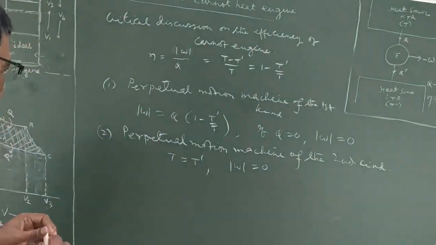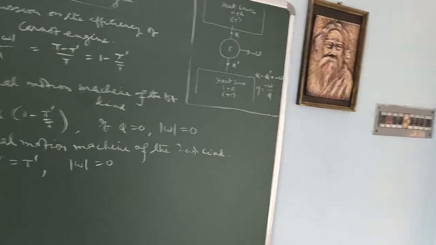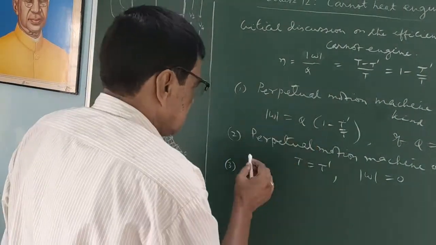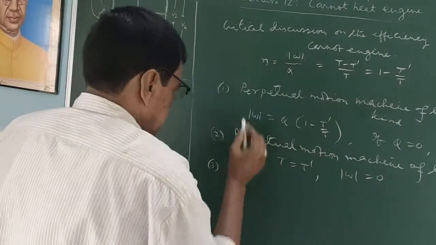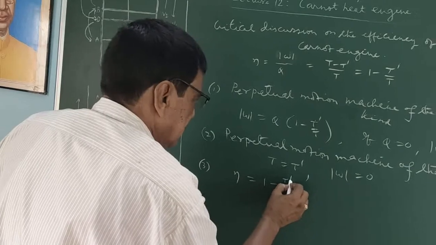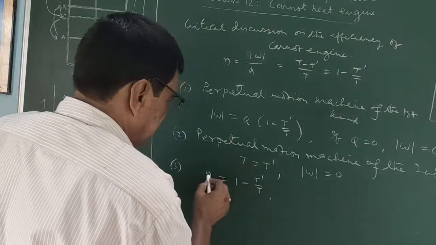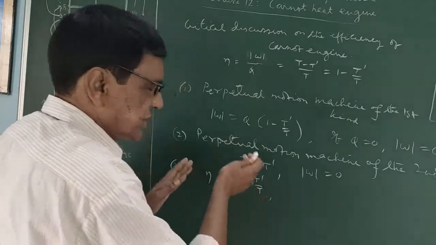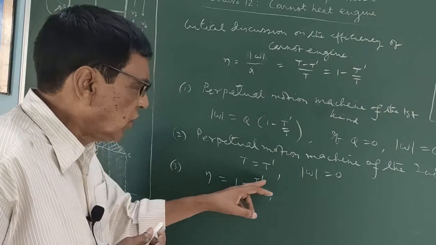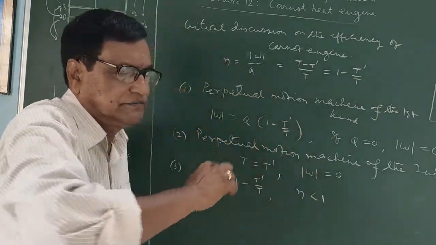And this third one says the efficiency is equal to 1 minus T dash by T, and this states that the efficiency will always be less than 1.